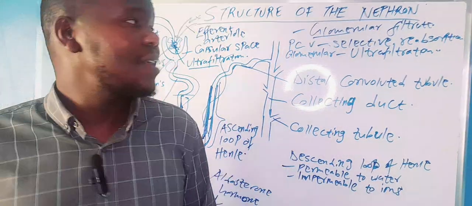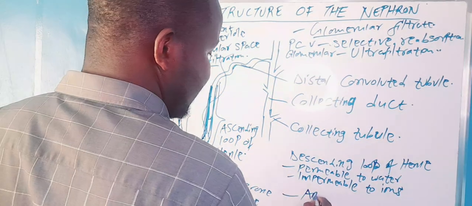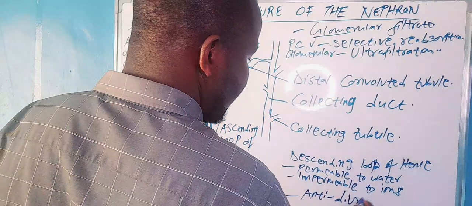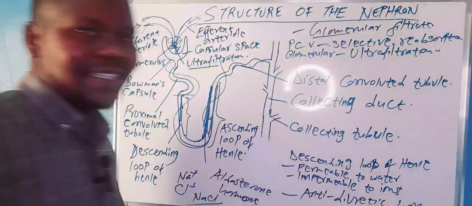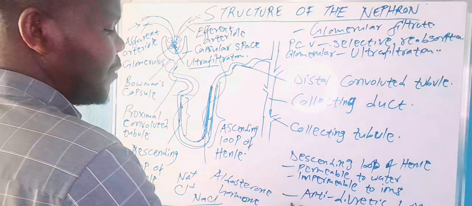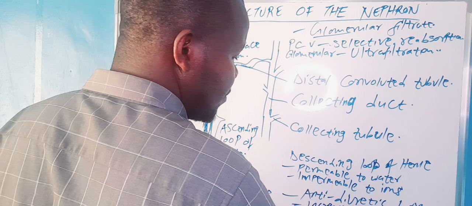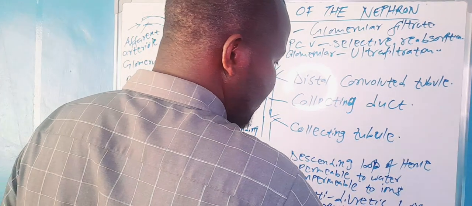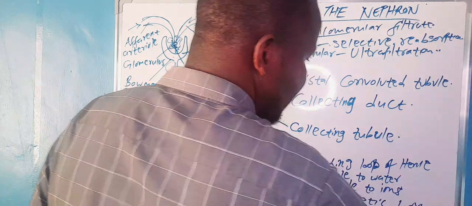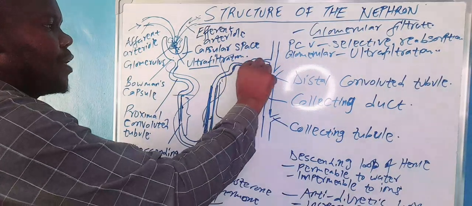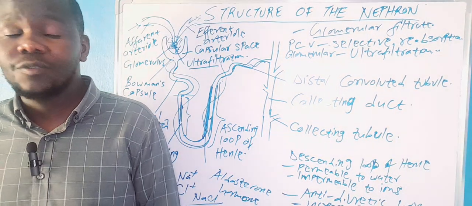The pituitary gland will secrete another hormone called antidiuretic hormone, or vasopressin. What will be the role of this hormone? It increases the permeability of the distal convoluted tubule, so more water will be reabsorbed back into the bloodstream through the process of osmosis.